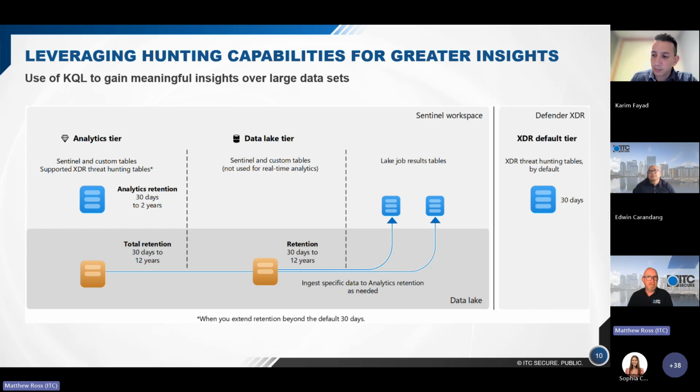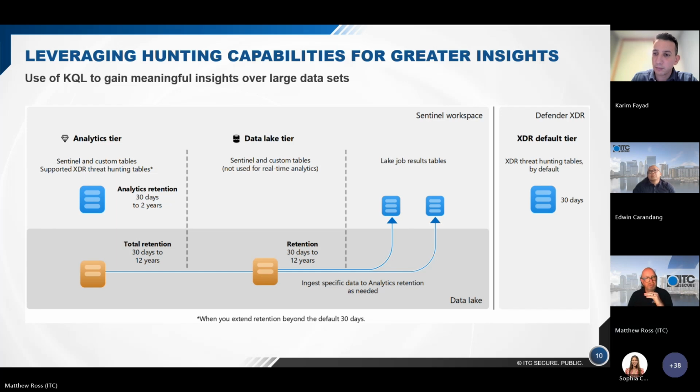When the Sentinel Data Lake is enabled, as soon as you enable it, the data is mirrored from the tables in the analytic tier to the same table in the Data Lake tier. This mirroring of data is completed at no extra cost. So you get that as a freebie, so to speak.